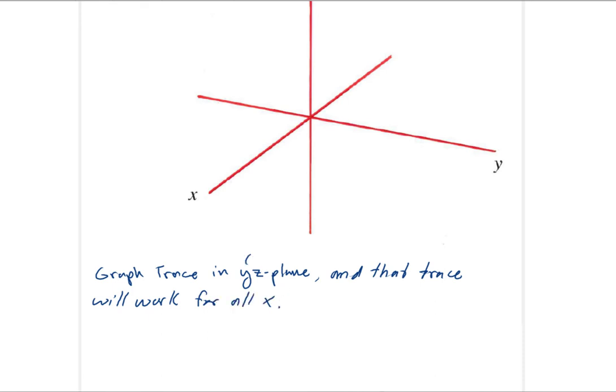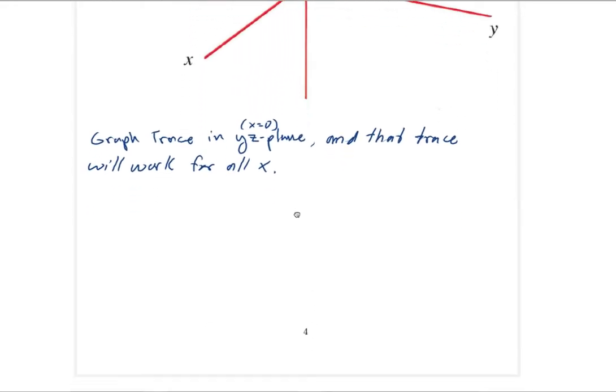The YZ plane is where x equals 0, but it'll work for all x. Okay, so what does this thing look like? All right, well, here's where we're going to have to kind of dig in our past a little bit. You might have to sit and think for a minute about what this thing is.